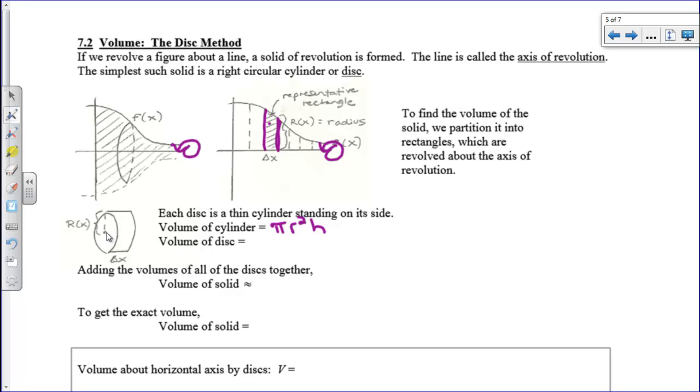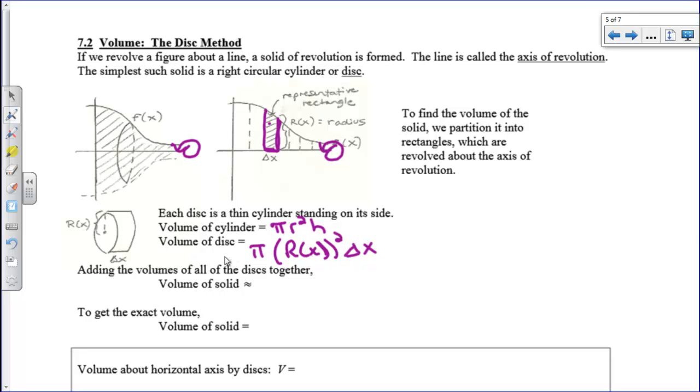So the volume of our disc would be pi times our radius, which is this distance off of the x-axis up to f of x. We're just going to call that r of x, and then we're going to square that radius and multiply it times the height. The height was the thickness of our cut, and that is delta x. That would be the volume of one disk.